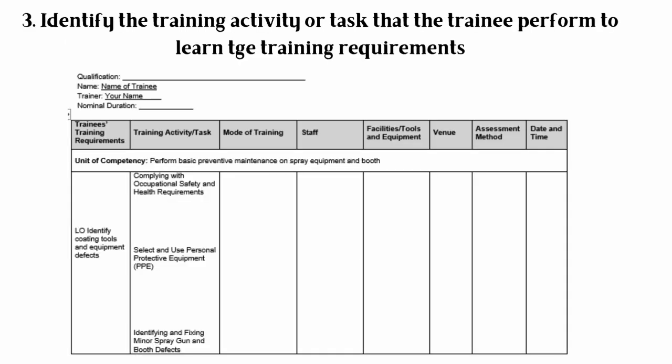The next is to identify training activities or tasks that the trainees will perform to learn the training requirement. Our goal in having the training activities or tasks is to address these training gaps in the necessary knowledge, skill, and attitude for the particular learning outcomes under the unit of competency.